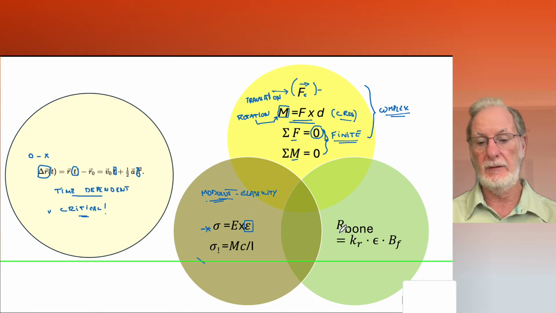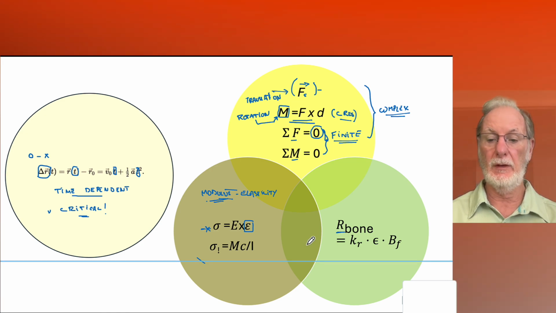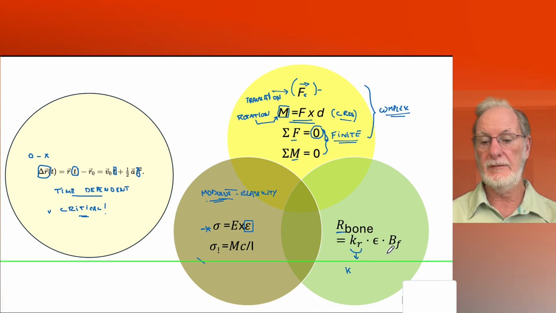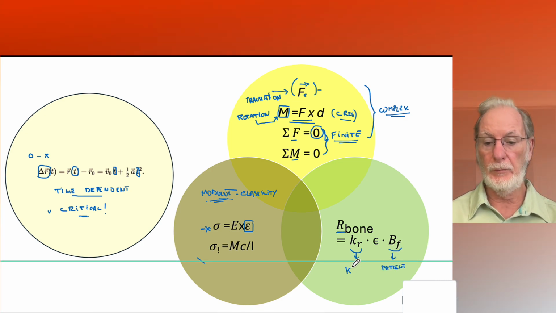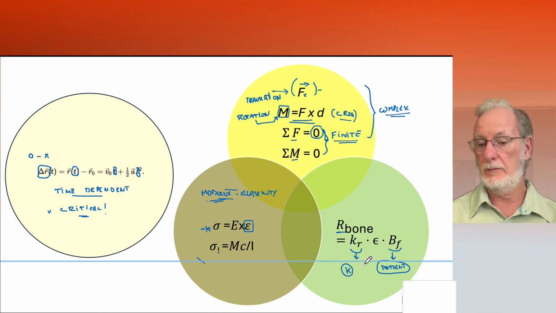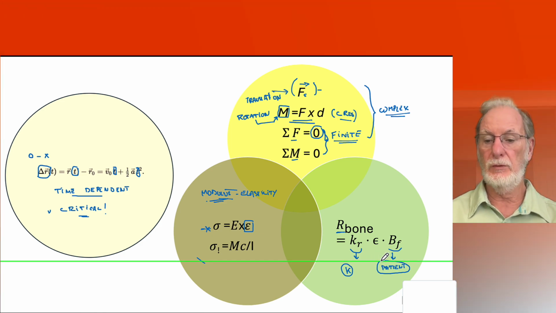And again, the resultant at the bone level is good to understand because this is a constant of remodeling. This is another constant that is related to the patient. So depending on the type of bone, this constant may vary. Depending on the patient, periodontal conditions, ethnic capacity, gender, all sorts, age, this will be variable.